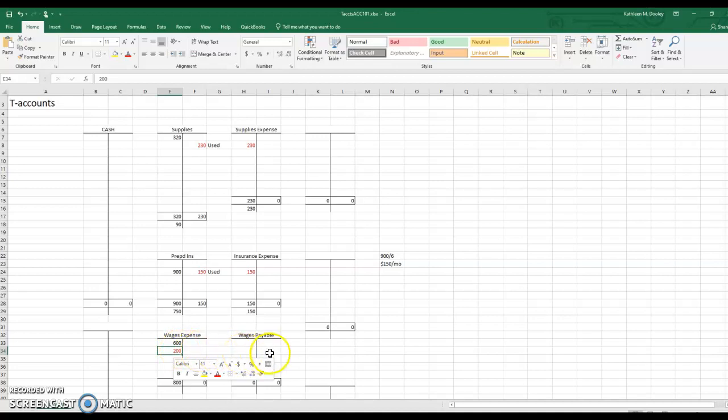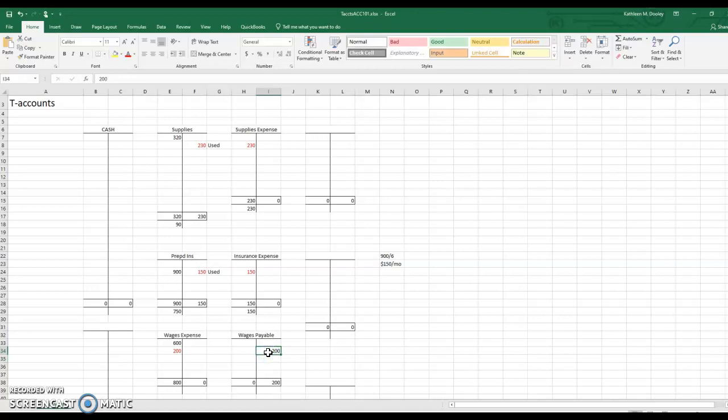Okay, and we're not going to pay cash right now on December 31st. They're going to get their cash when we pay the wages on whatever, January 2nd or whatever. So the 200 is going to go as a credit into wages payable. We owe the employees.